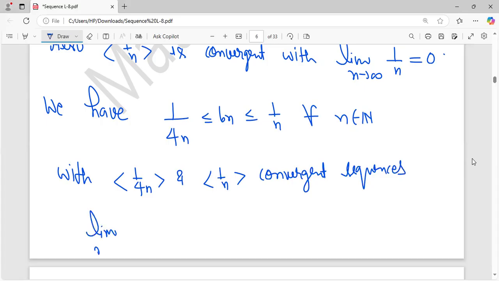The limit of these sequences, 1 upon 4n and 1 upon n, as n tends to infinity is 0.